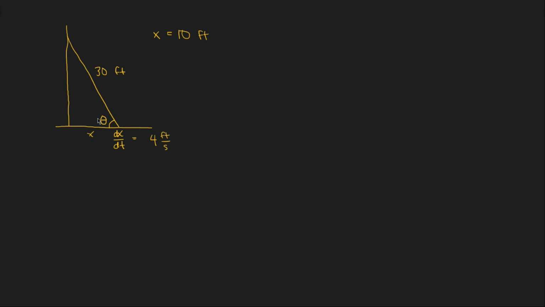So here, if we're going off of this angle, we know that we have the adjacent side and the hypotenuse side. So our relationship is going to be cosine. So cosine of theta is going to equal, and our adjacent side is just going to be x over 30.